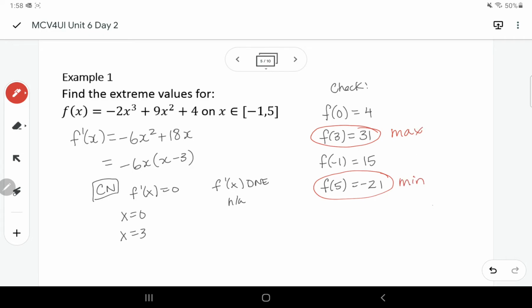You just look for the biggest and the smallest y values. So there's a maximum of 31 at x equals 3 and a minimum of negative 21 at x equals 5.